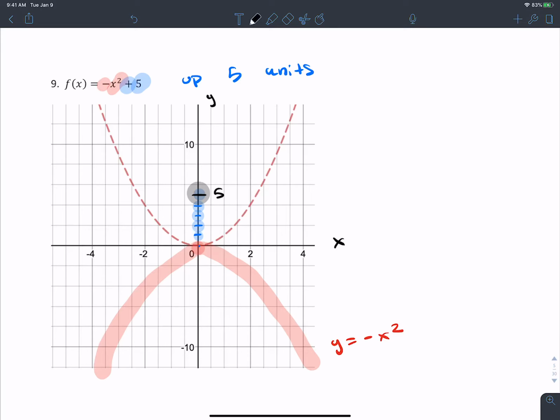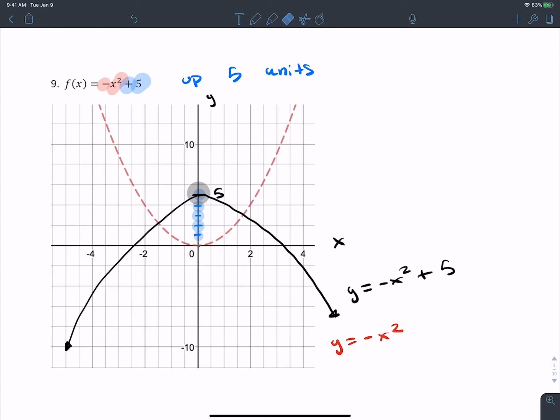So now I get to sketch this downward facing parabola. And this is the curve y equals minus x squared plus 5. And again, it's just a sketch. And I'll get rid of my reference here.